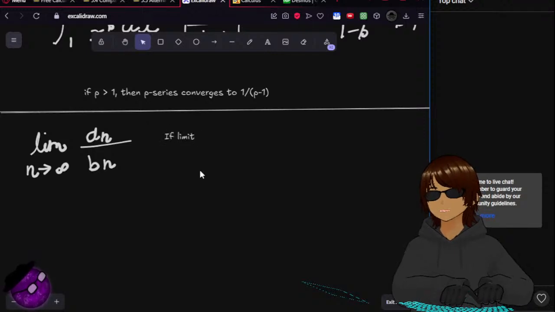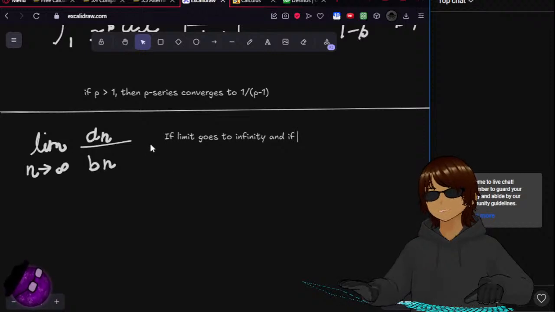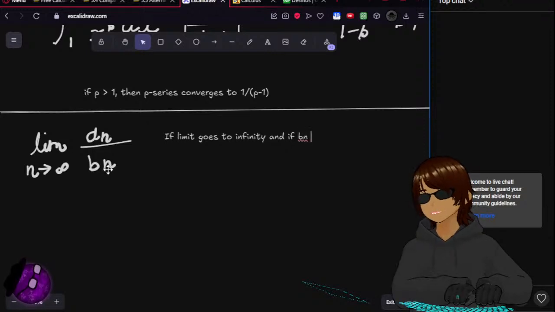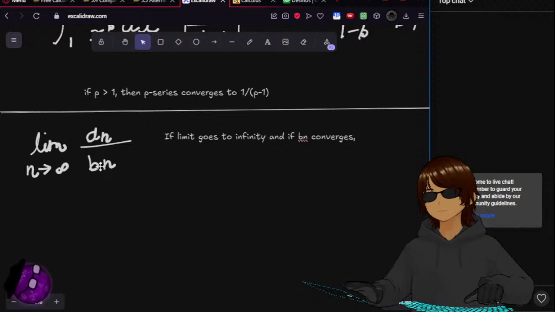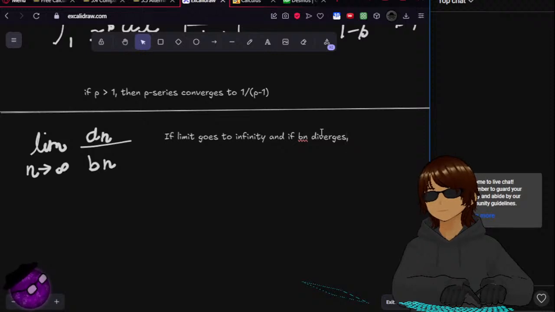If the limit is going to infinity and bn diverges to negative infinity or to infinity, then an shouldn't converge.